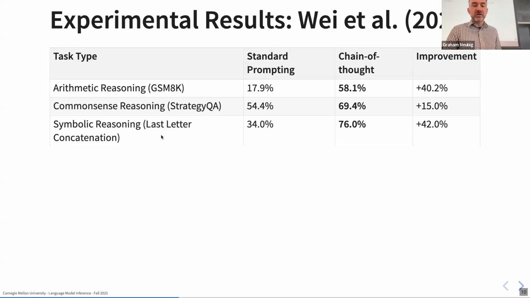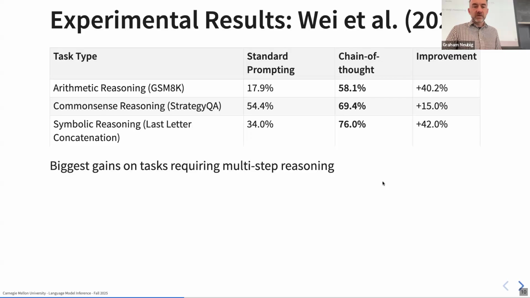And for symbolic reasoning, where they were concatenating the last letter of particular sequences, they also got good results. So we saw the biggest gains in things that are very symbolic, like math or last letter concatenation.